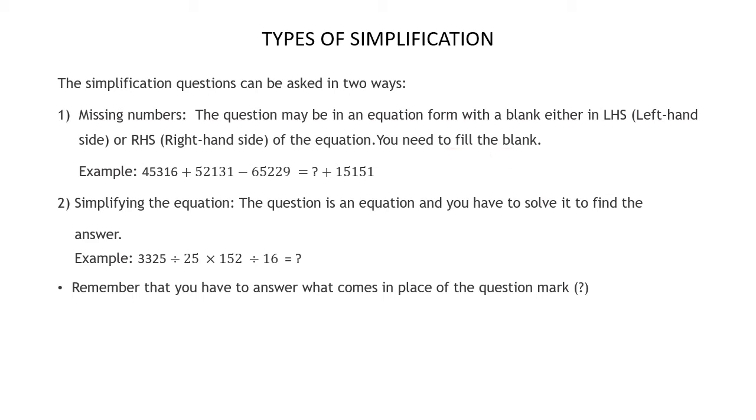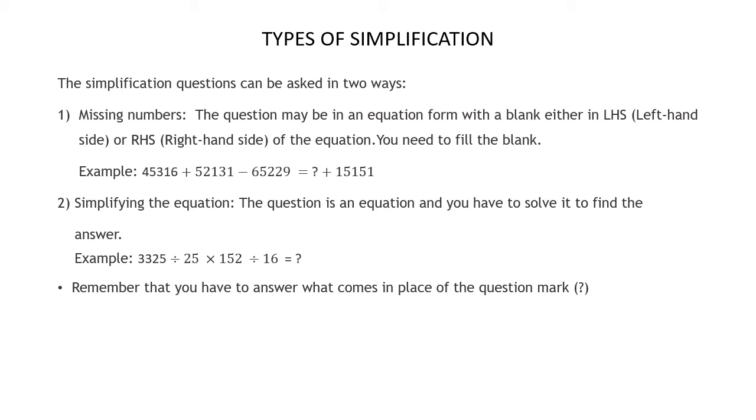You need to fill the blank. For example, look at this simplification question. Here there is a question mark or a missing number in the right hand side of the equation. So you have to solve this equation and find the missing number which can replace this question mark.